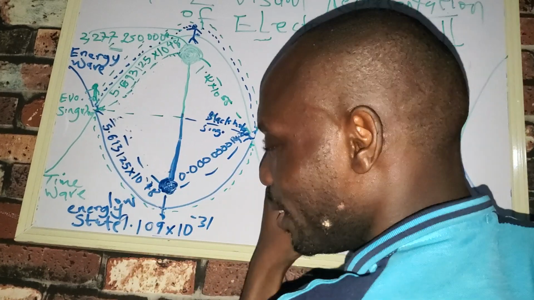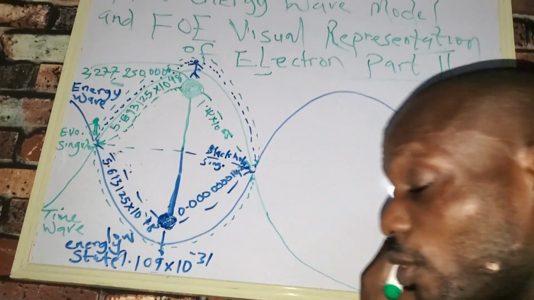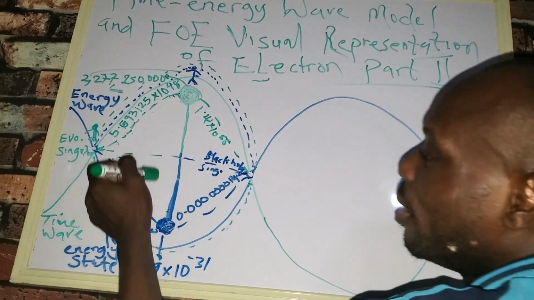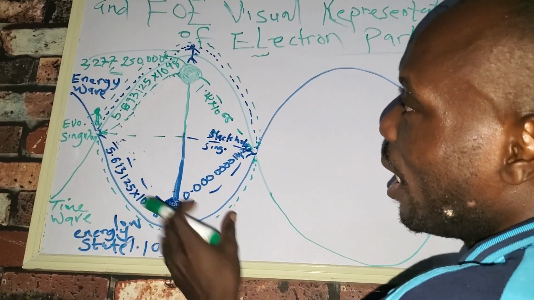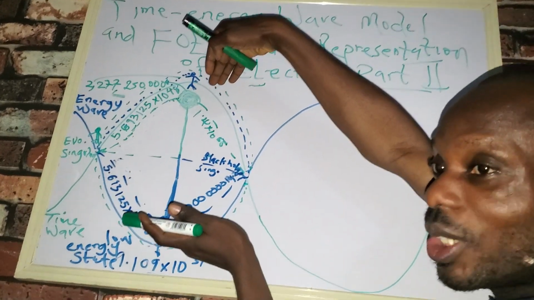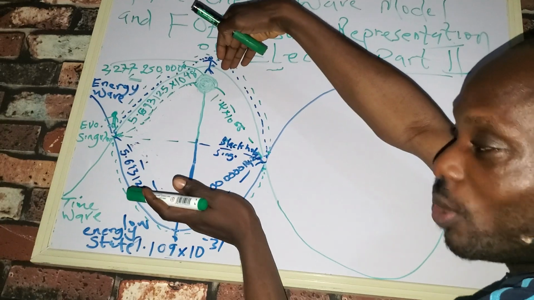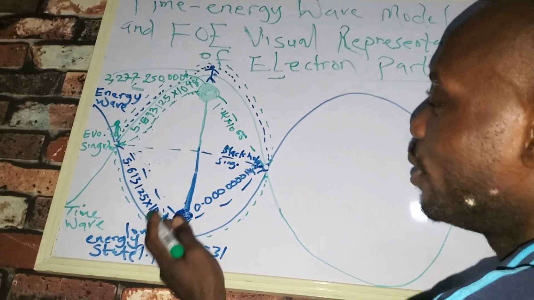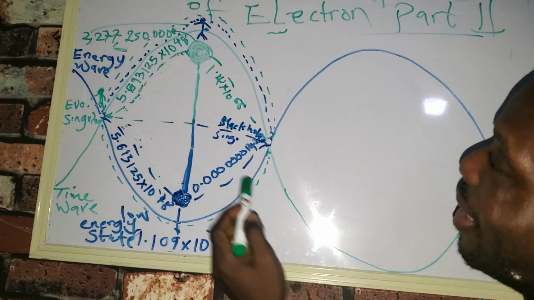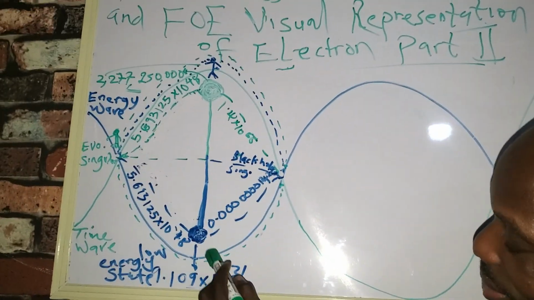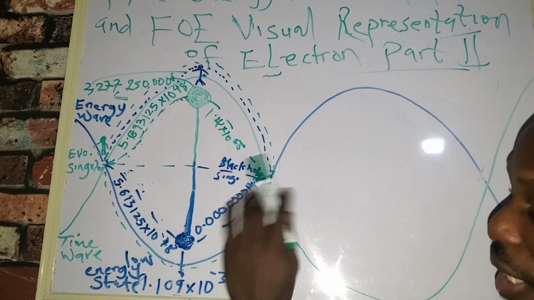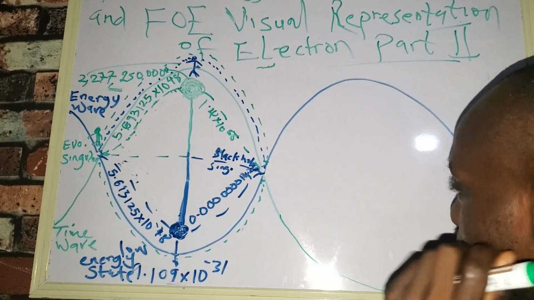So when we do that, we get the actual value for the quantum mass worth, and so the value can be compressed back to what will give us symmetry or symmetrical nature of a time energy wave model. So from here we see that whatever it is that we have within the time energy wave propagation will not be the real value.